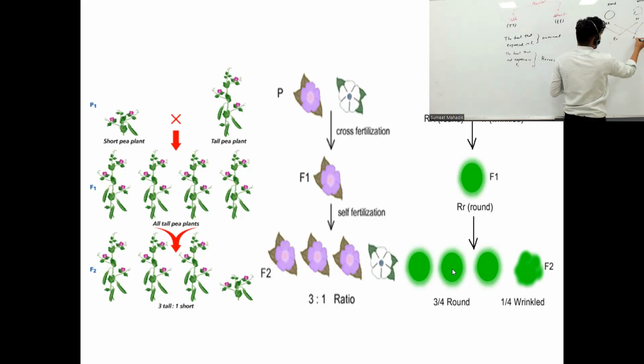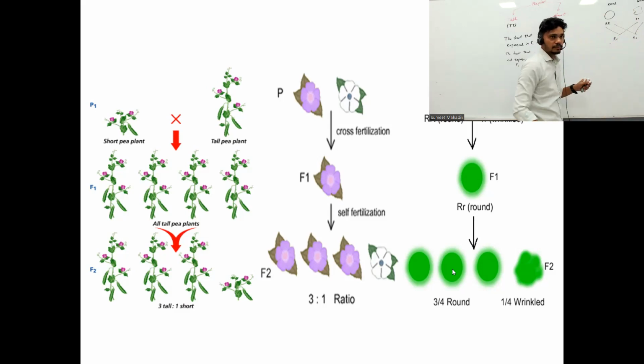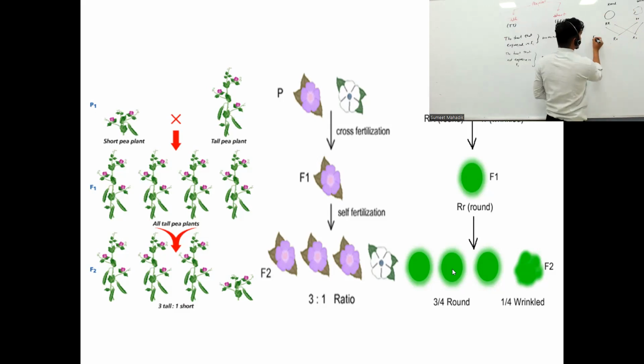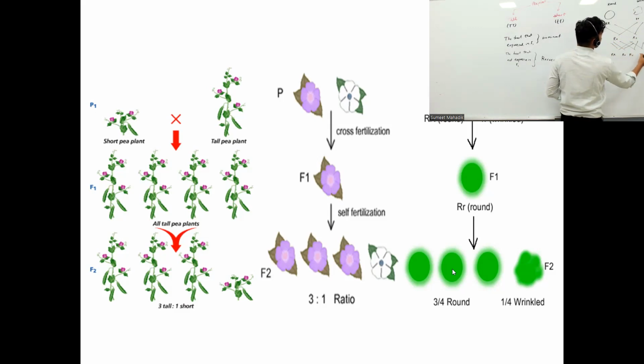Rr, Rr, Rr, Rr. So one is dominant, one is recessive. So here the ratio is maintained, 1:1. But again, this is the F1 generation. The F2 generation will give rise to four things. Yes or no? RR, Rr, Rr, and rr. So again, the ratio is 1, 2, 1 here.